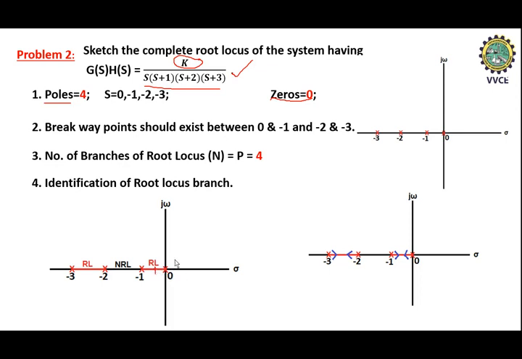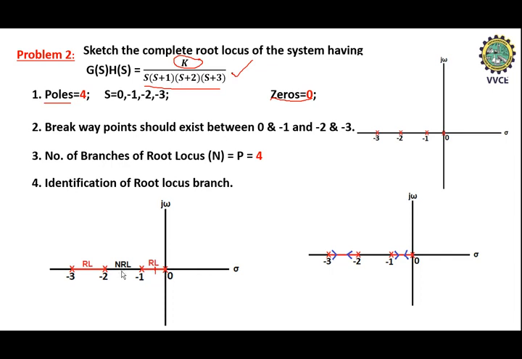Only one pole is there, so that is an odd number. If the total number of zeros and poles is odd, then we can consider that particular branch between 0 and pole or pole to pole, anything. So between any roots, the complete branch is called a root locus branch.